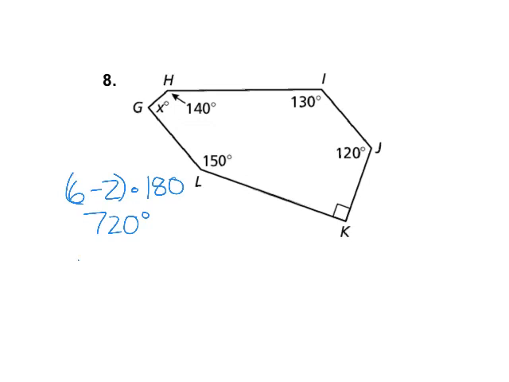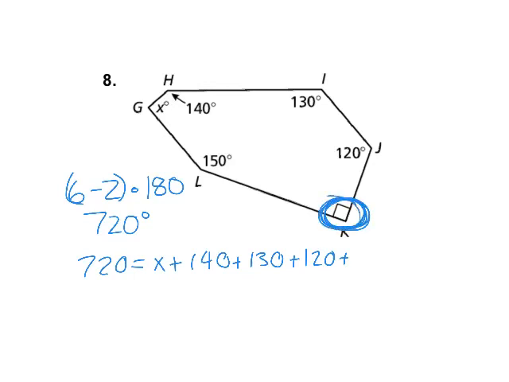So 720 now equals x plus 140 plus 130 plus 120 plus 90. How many of you forgot this one? Okay, plus 90 plus 150.